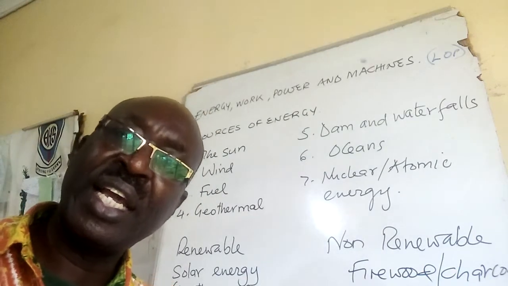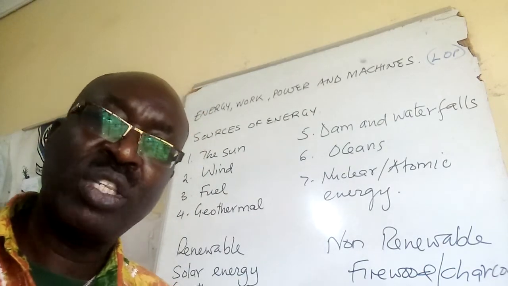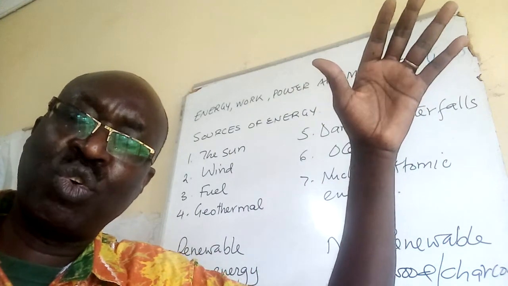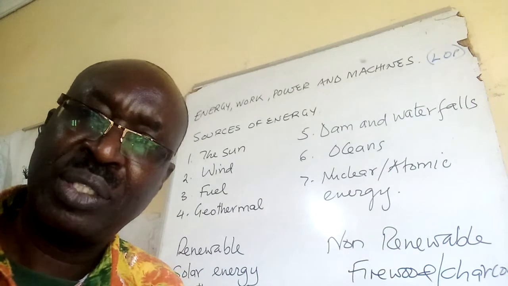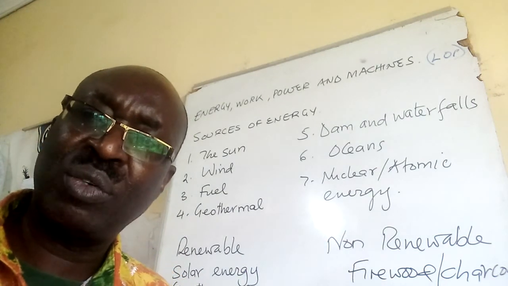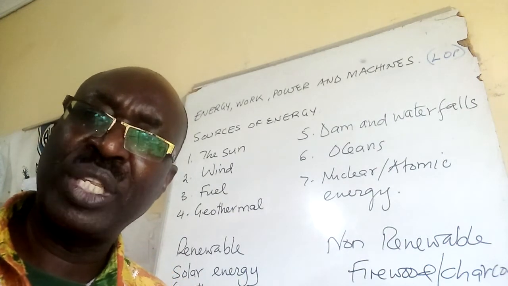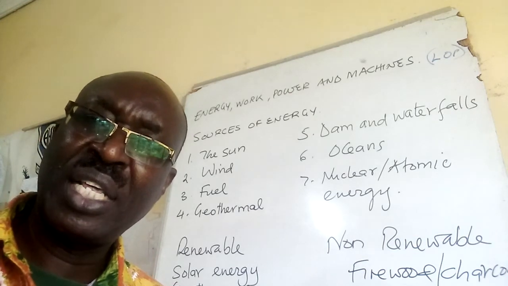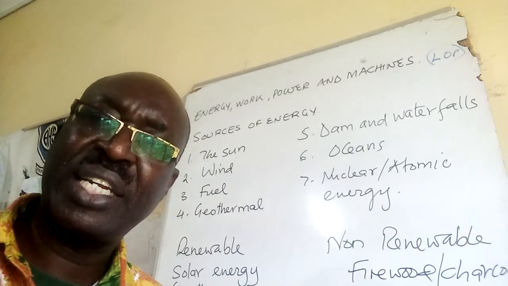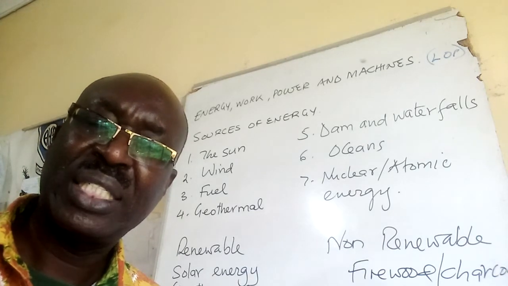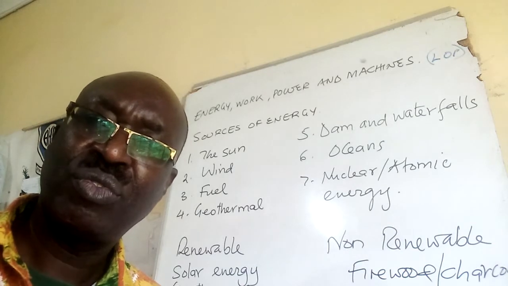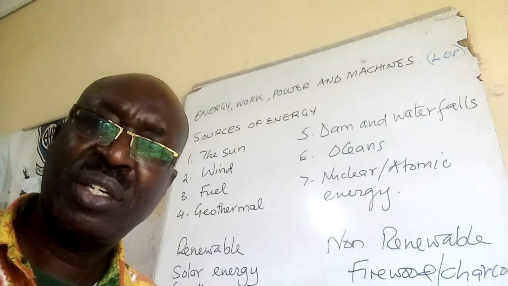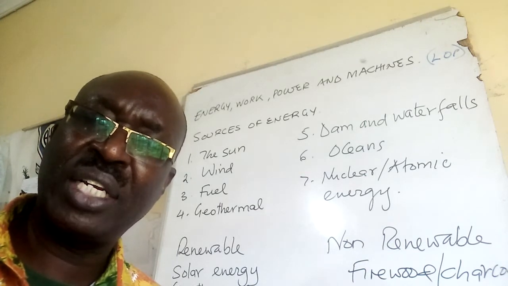Some dams are raised, then water is controlled to come out of those dams, and when water comes out, it comes out with very high speed, and that speed is able to rotate the turbines. Then we can talk of electrical energy, which deals with hydroelectric power stations.